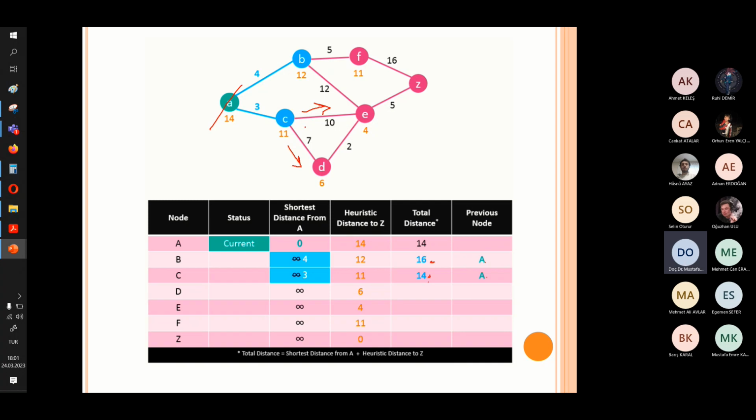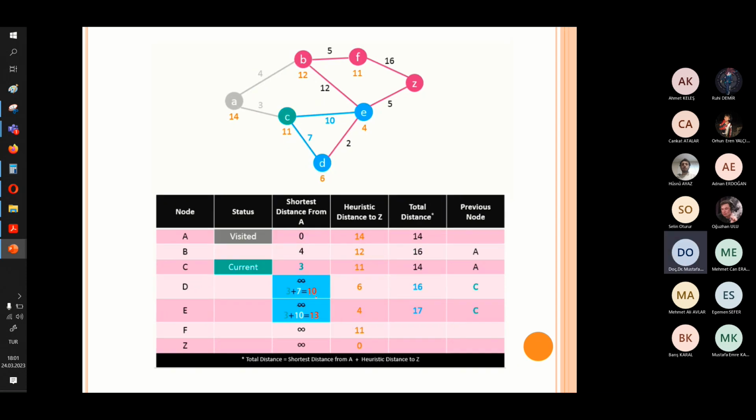And how about D? 3 plus 7 is 10, and reaching D is infinite. 10 is better than infinite, so we will update it as 10 and 14. How about the cost of reaching from source to target by using these nodes?